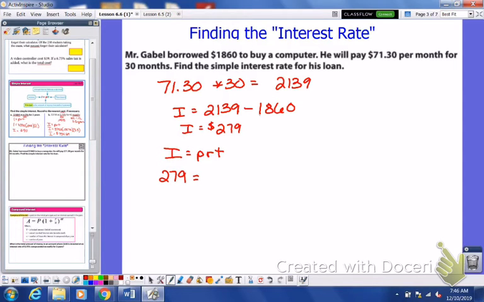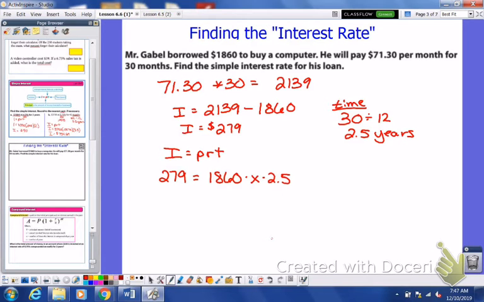My principal is how much he borrowed, so 1,860. I don't know my rate, that's what I'm looking for, so times x, times my time, and it was 30 months. Divide that by 12, gives us 2.5 years, times 2.5.